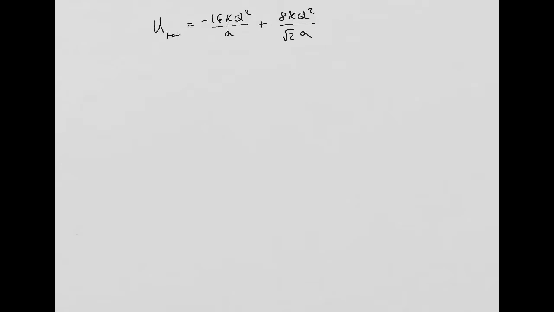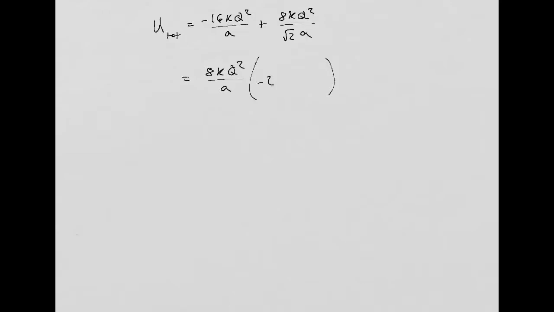All right, let's simplify this a little bit. Notice that there is an 8kq squared over A in both of these terms. Let's factor out 8kq squared all over A. Okay. If we were to factor it out of the first term, the minus 16kq squared over A, we should get just minus 2.